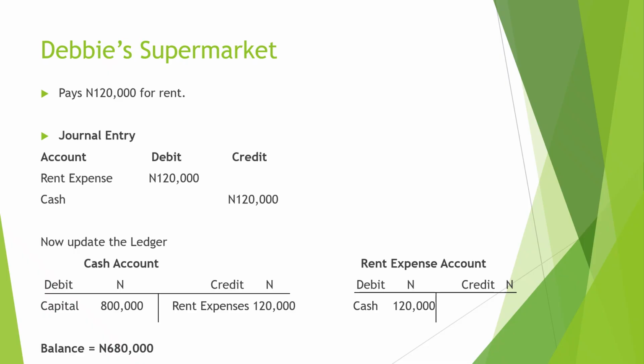If we want to close this account, we'll just put our balance carried down of 680,000 naira on the credit side, and then we can balance both accounts to be 800,000 naira. But we're not closing this account yet. We'll look at that. And then the rent expense account that we just opened will be debited with the cash of 120,000 naira. This is how you post from your journal entry to the individual ledger account.